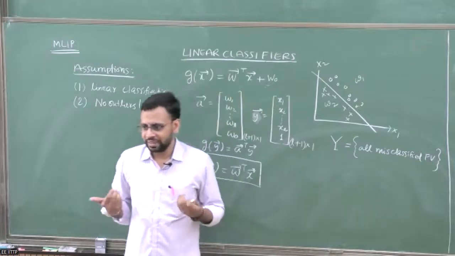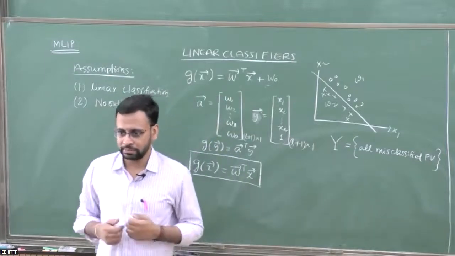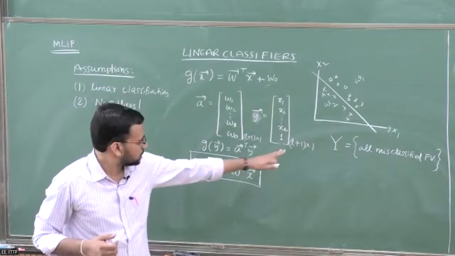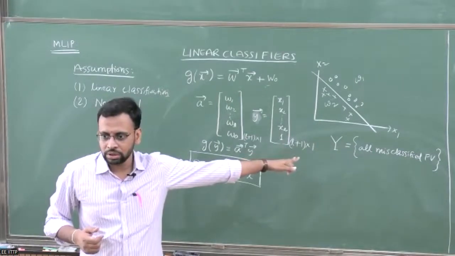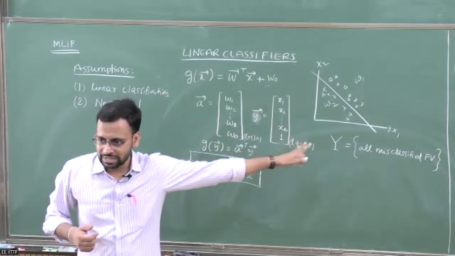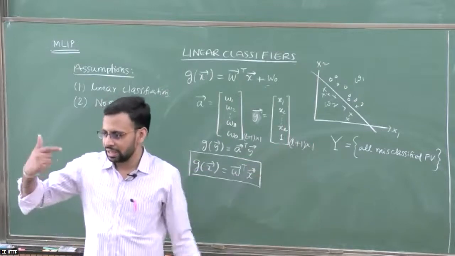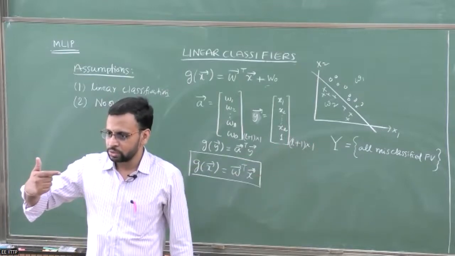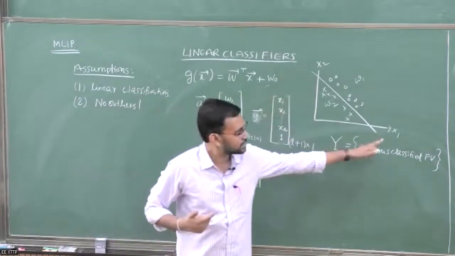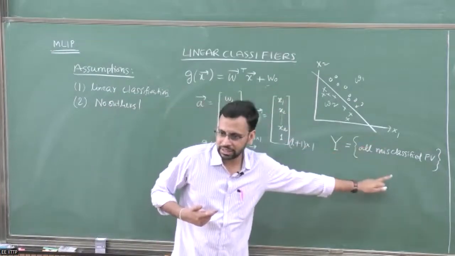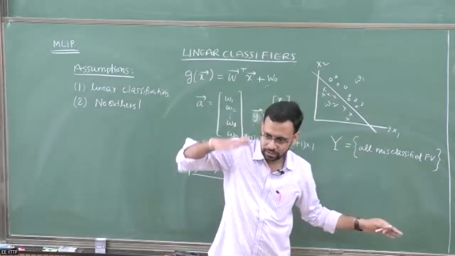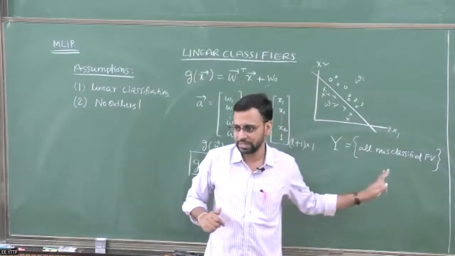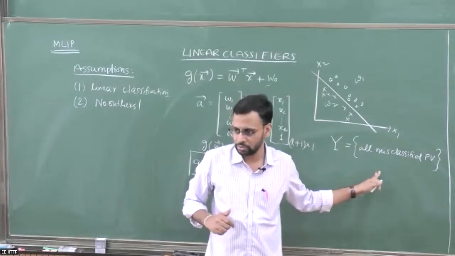Now let us define a penalty term which takes into account all these misclassified vectors, and then we are going to modify this line such that the number of misclassified vectors will come down. That's the basic idea that we are going to follow.